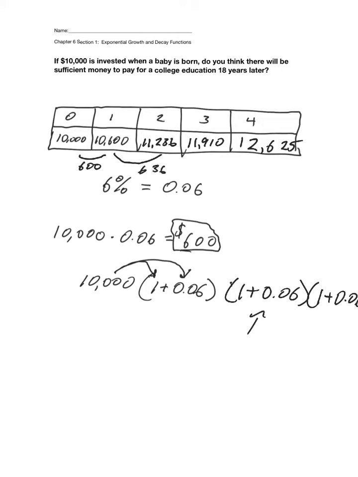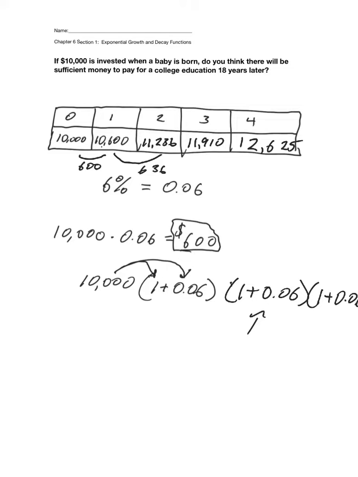That amount of increase changes considerably as I move from one year to the next. And the question is, why is that? The reason is that after 1 year, I'm getting interest on more. In the first year, I'm only getting interest off $10,000. In the second year, I'm getting interest off $10,600.